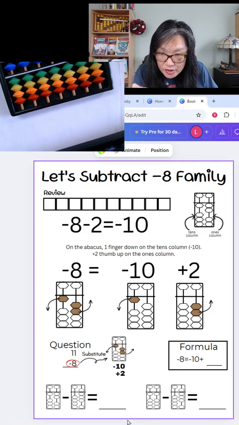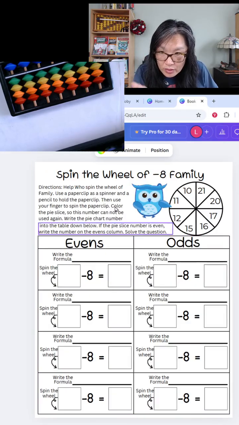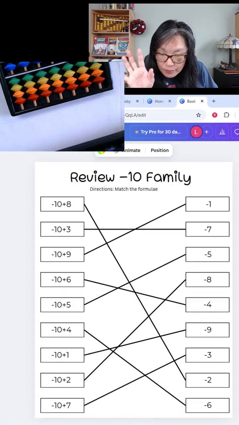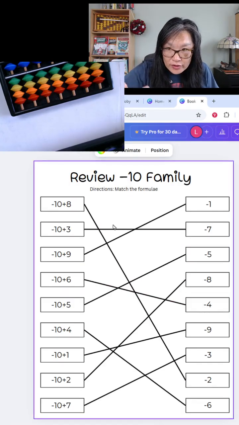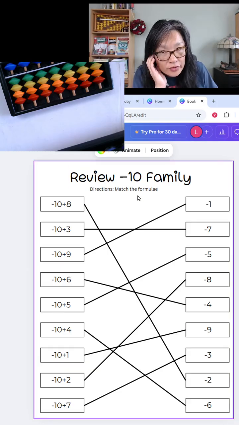There's the explanation, there are the sample problems, and then we do more questions, and then we go to the next one. After all of these, then we can go into actual activities. So here, this is a review of how to review the numbers, how to review the formula.